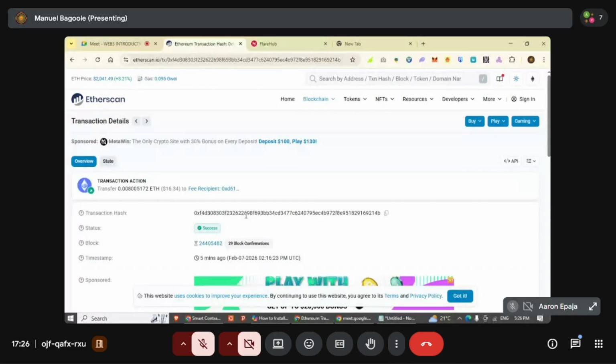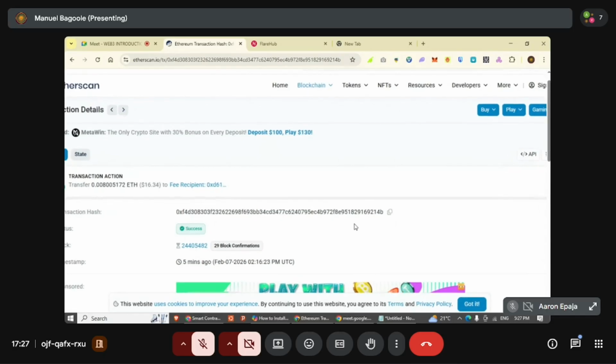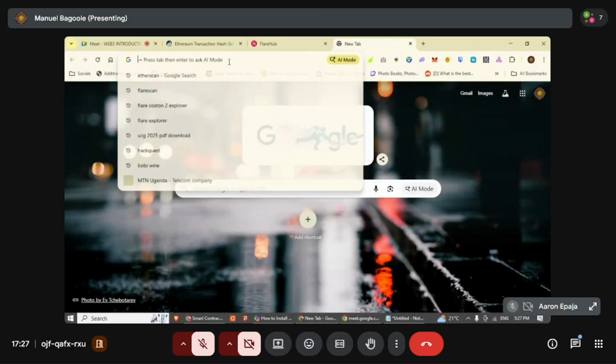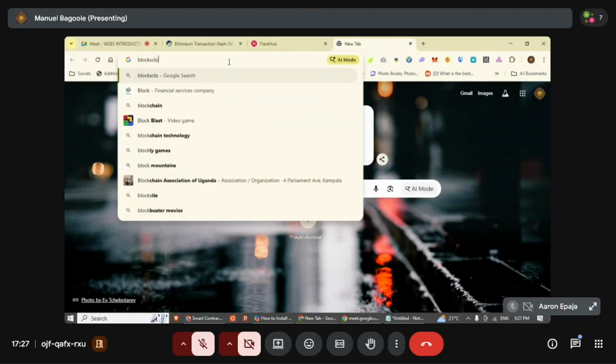Every time you query a block explorer, Etherscan or any other Ethereum explorer, would be Blockscout, you will always find this transaction hash representing that specific transaction. And you can verify this by checking it on another explorer. So here's Blockscout.